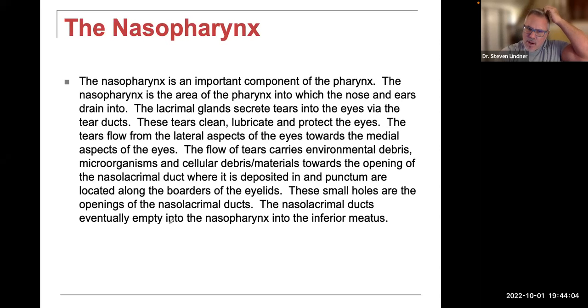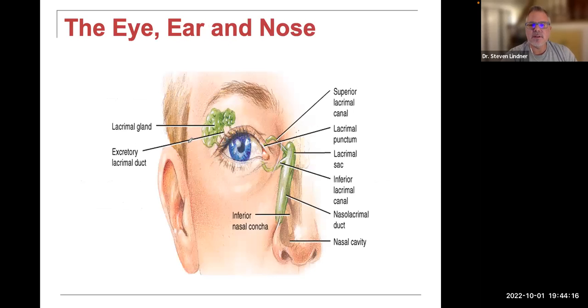Let me show you why the nasopharynx is an important area. We're going to show some connections of the eye in there in terms of the tears. So let's just show you here. We have the lacrimal gland. Lacrimation means tearing.